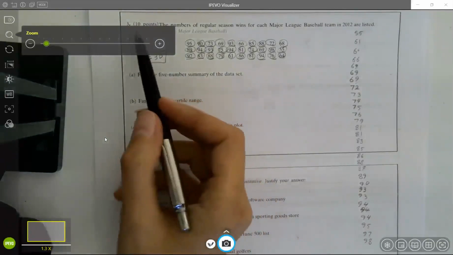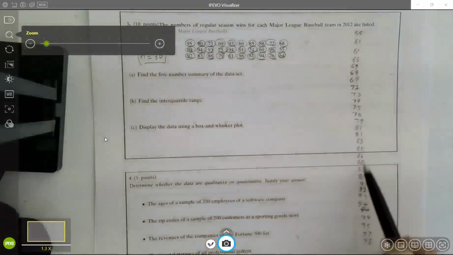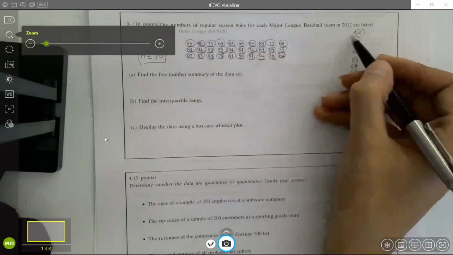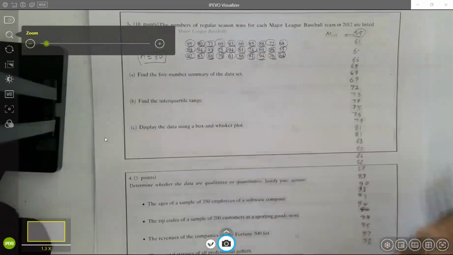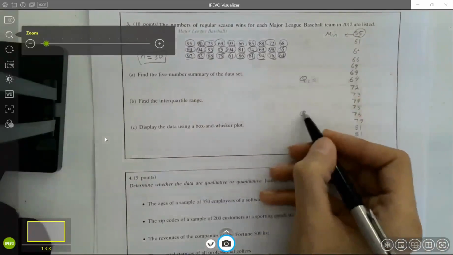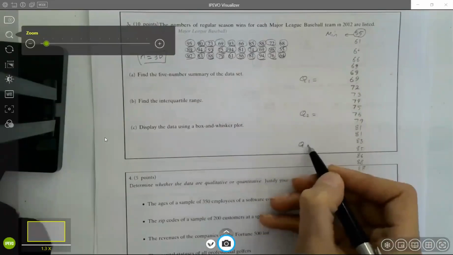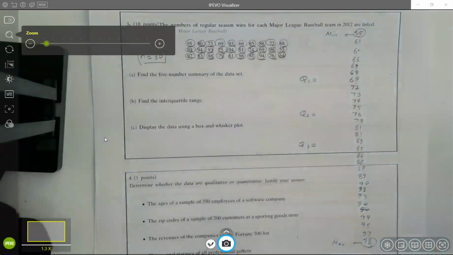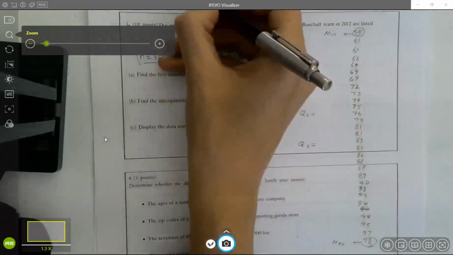For question 3, we can list all of these numbers from smallest to largest. This is your minimum. This is your maximum. Now we need to find first quartile, second quartile, and third quartile. You're using your calculator and entering the data in stat.